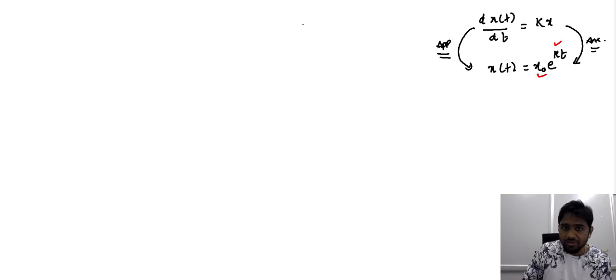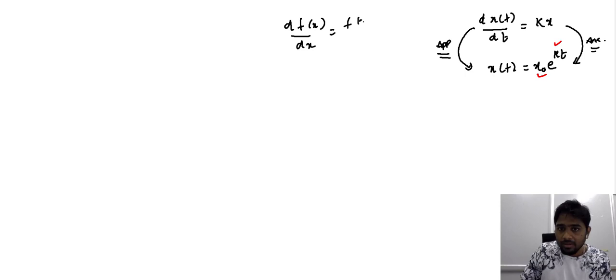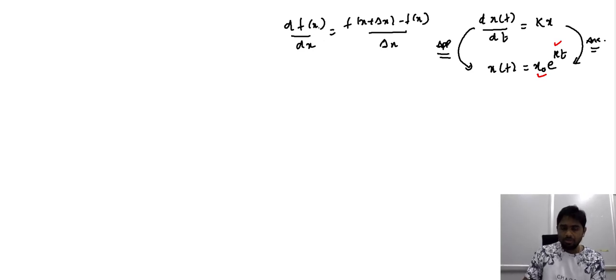in general, the derivative of a function f of x can be estimated by f of x plus delta x minus f of x, divided by delta x. So, when you have a function f of x, forward difference means you are considering a point beyond x, that gives you x plus delta x, minus x with respect to its original point.